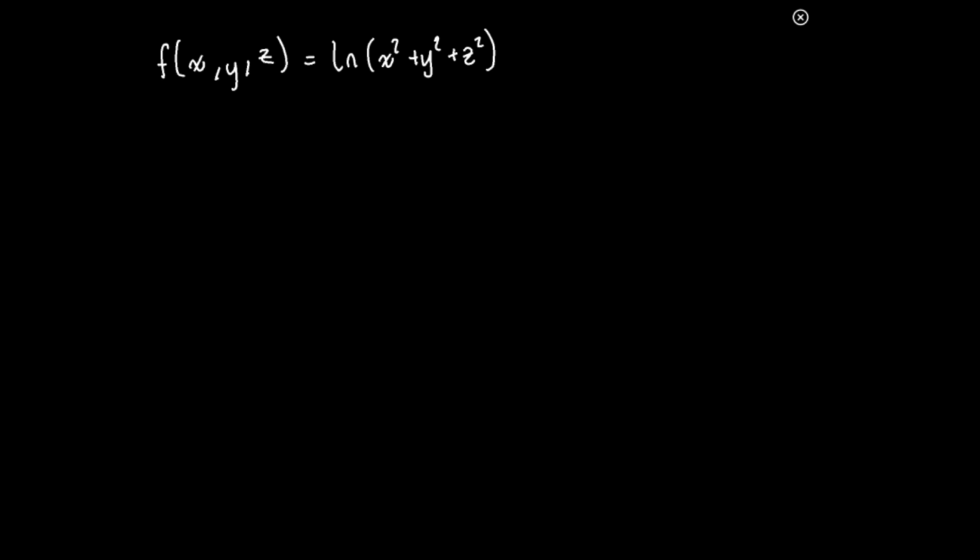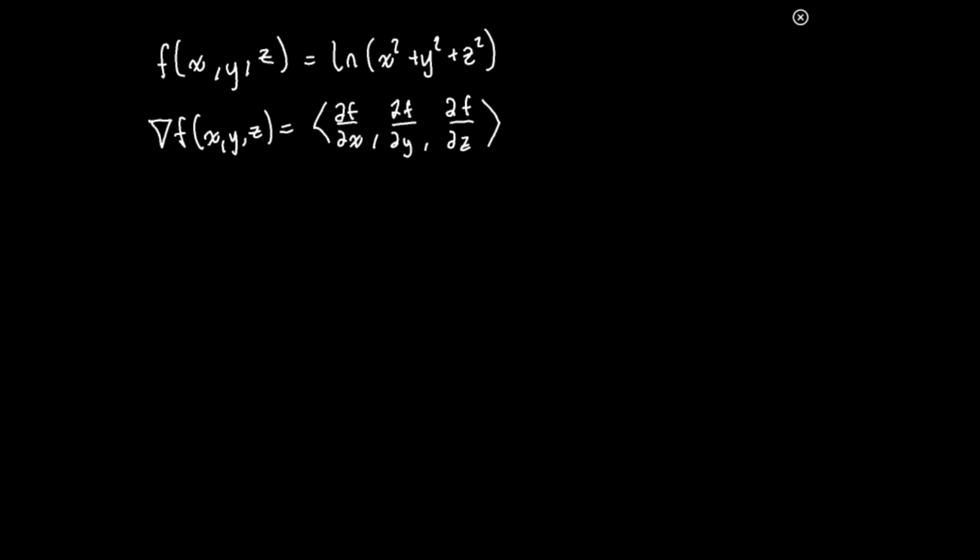I just want to know what the gradient function for f is. So gradient function of f of x, y, z is equal to a vector with these components: the partial derivative of f with respect to x, partial derivative of f with respect to y, and partial derivative of f with respect to z.